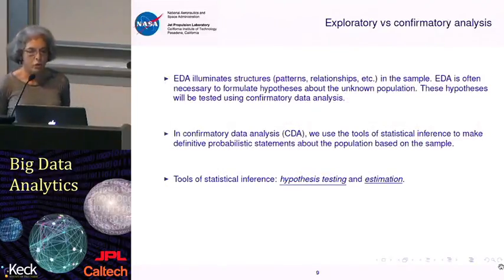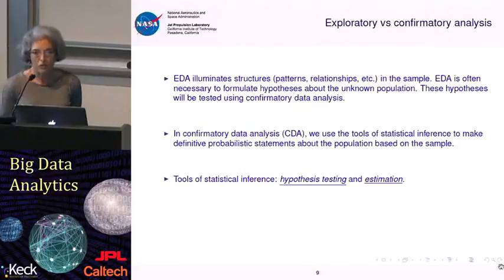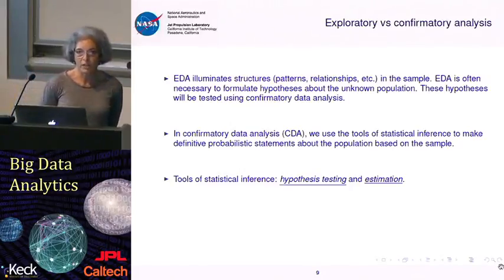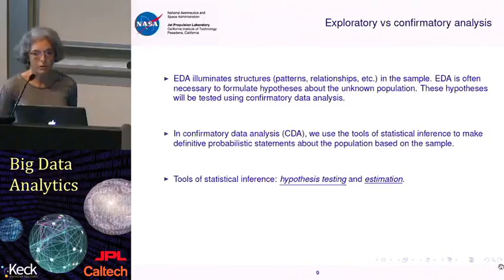So let me go here. EDA illuminates structures, patterns, relationships, and so forth in the sample. EDA is often necessary to formulate hypotheses about the unknown population. One of our major problems in big data is that we often don't actually know what's in the data. We don't really know much about it at all. And in order to formulate a hypothesis that we might want to test later, or to know what's important, we have to go through the process of understanding what's in at least the sample in front of us.